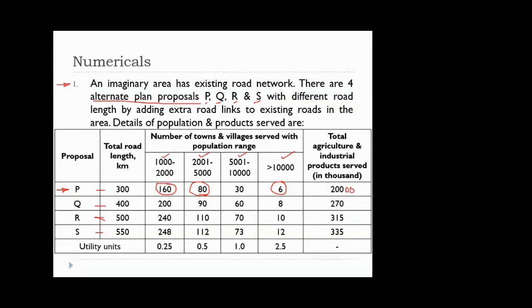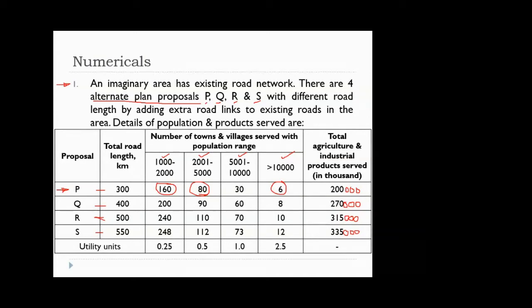So whatever are the 1000 terms, the three zeros, they have just taken it common and written it in the column heading. So that 1000 means this value. So this 200 is nothing but actually 2 lakh units, you can say. This is 2,07,000 units.